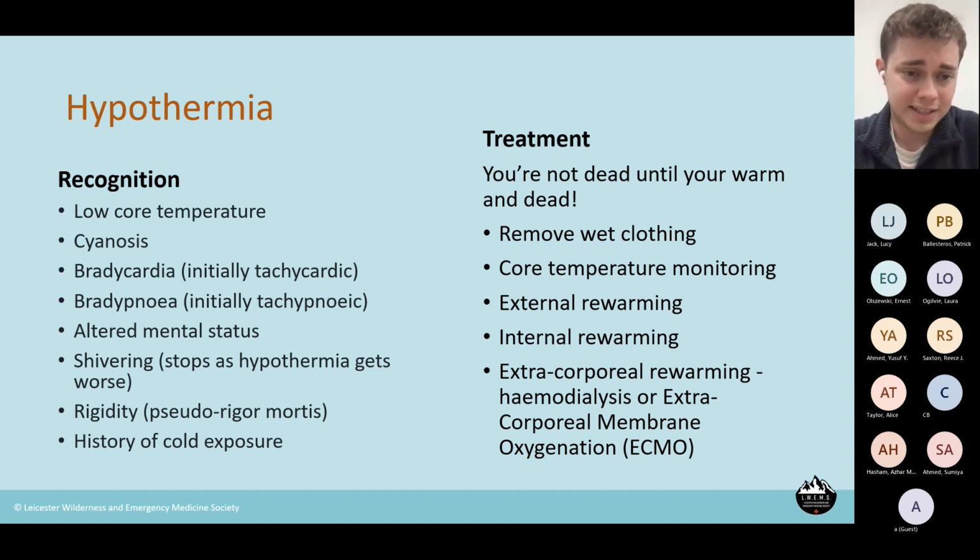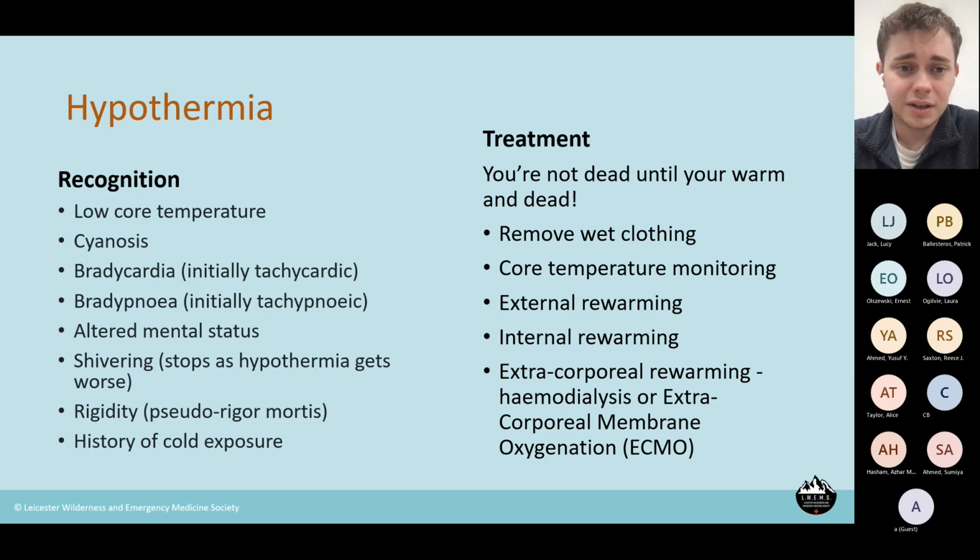But as it gets worse, that stops because the muscles are essentially starting to shut down. You could get rigidity. It's referred to as pseudo rigor mortis. So complete skeletal muscle rigidity. And if they've got a history of cold exposure, then it's something you want to think about.